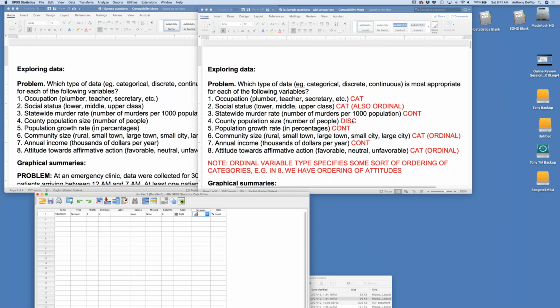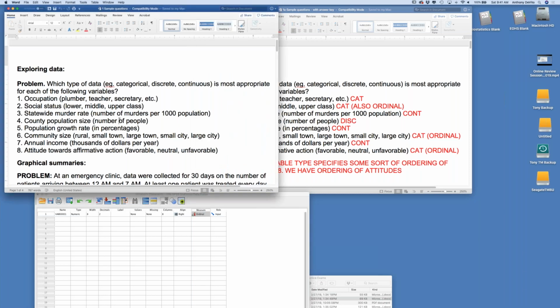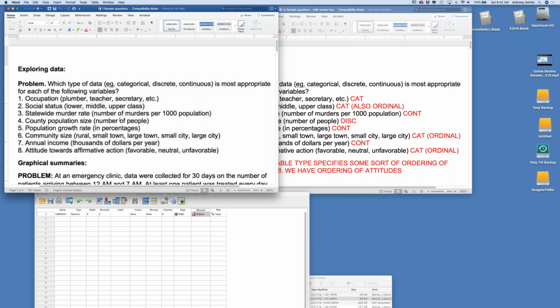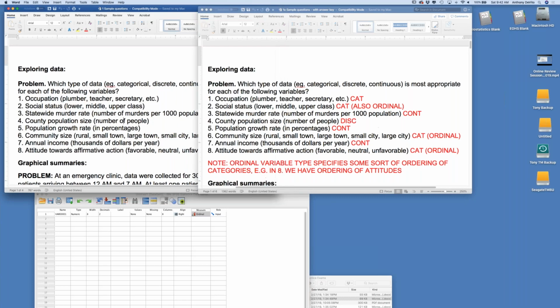So sometimes I might, for instance, say population size, number of people. If the population size of New York State is 12,300,042 people, right? I might just call that a numerical variable, or I might call it a discrete numerical variable.